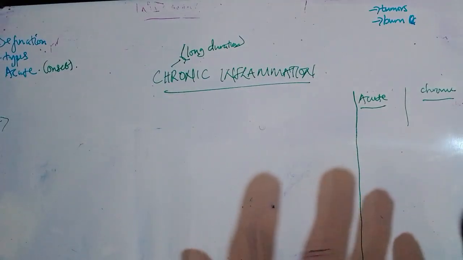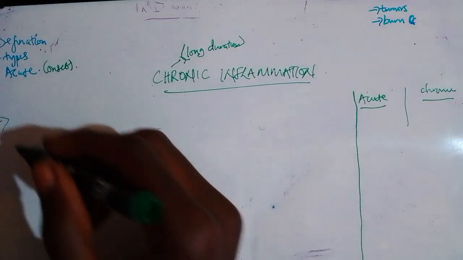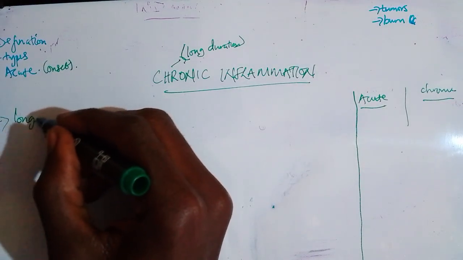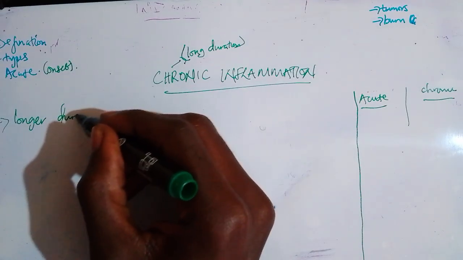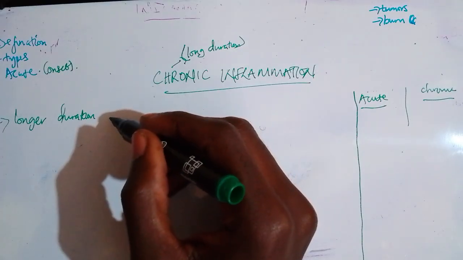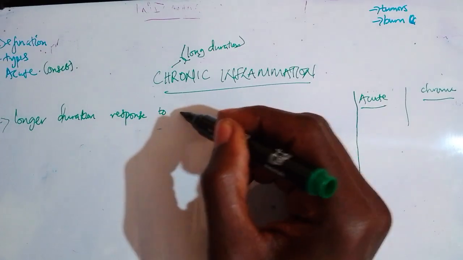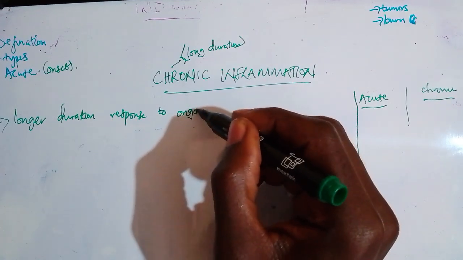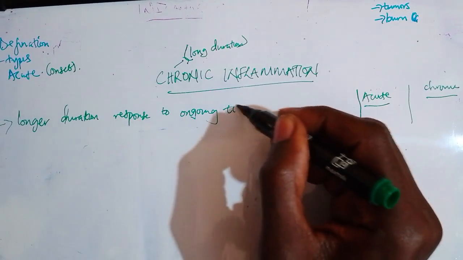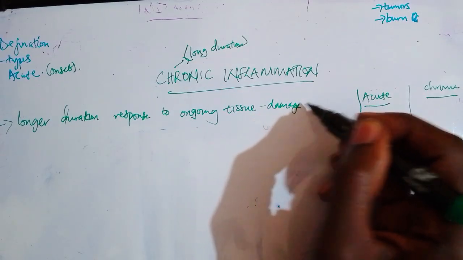But if that process fails, it proceeds to what is known as chronic inflammation, which is the longer duration response to ongoing tissue damage or infection.